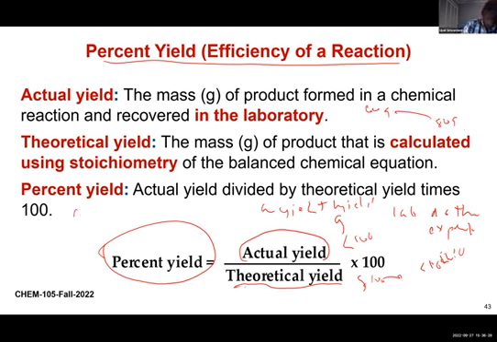Therefore, 60 divided by 80 multiplied by 100. You get 6 divided by 8, only 75%.